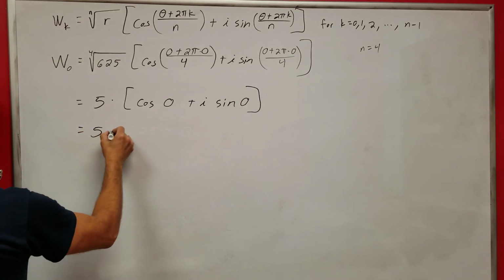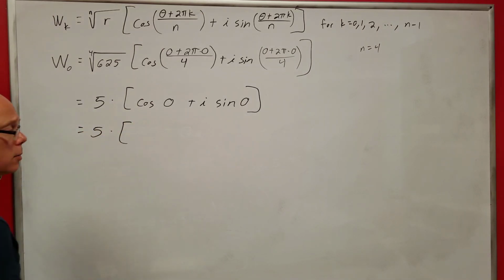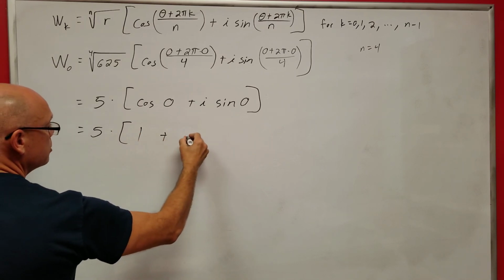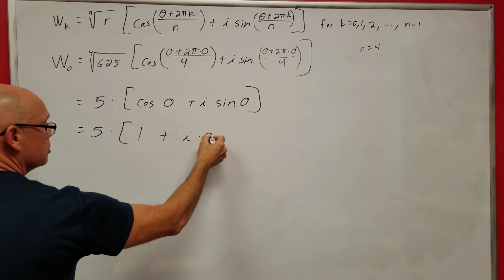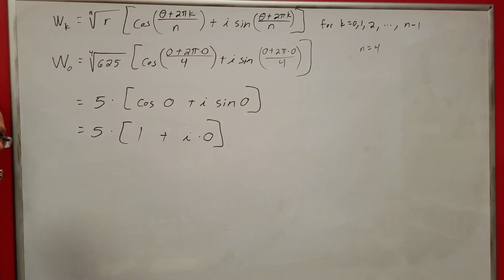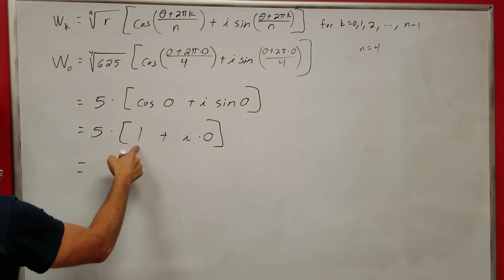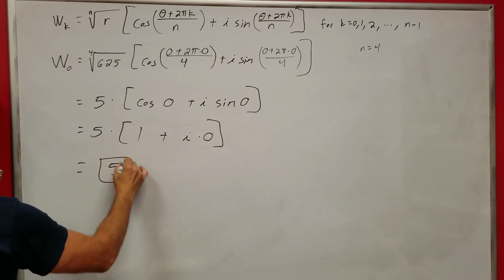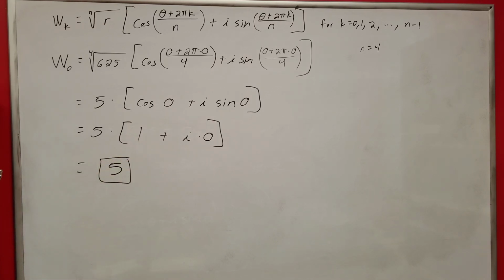What's the cosine of 0? It's 1. Plus i, what's the sine of 0? That's 0. So that's just 5 times 1, or 5. That's one of my fourth roots of 625. All right, let's find the next one.